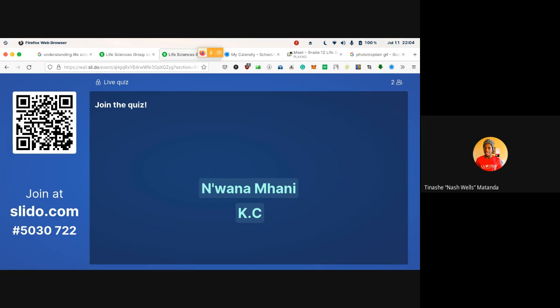Open the link, and once you see slido.com, you are going to enter the pin, which is the one you're seeing on the screen now, 5030722.